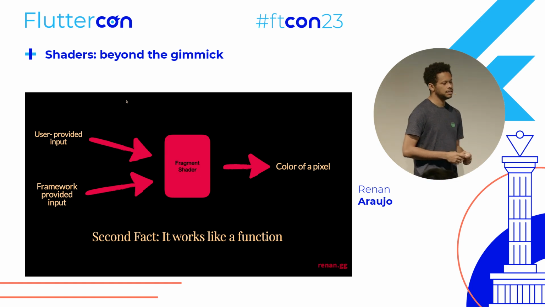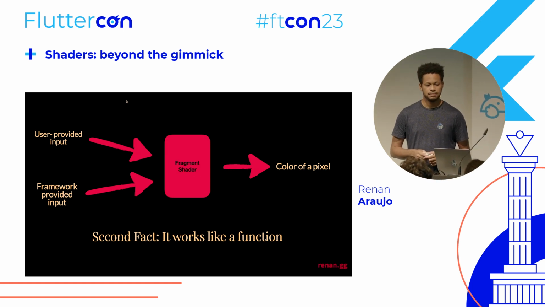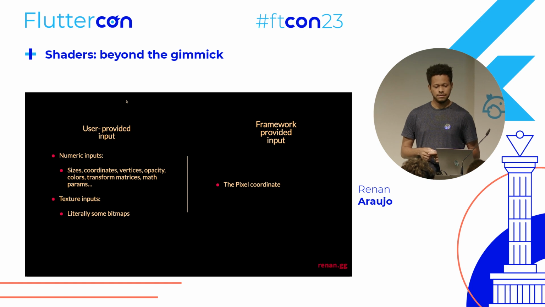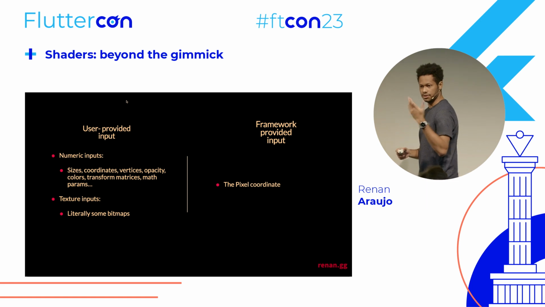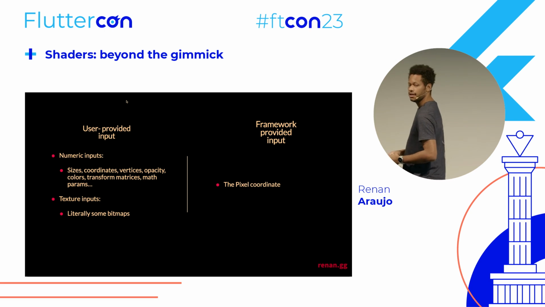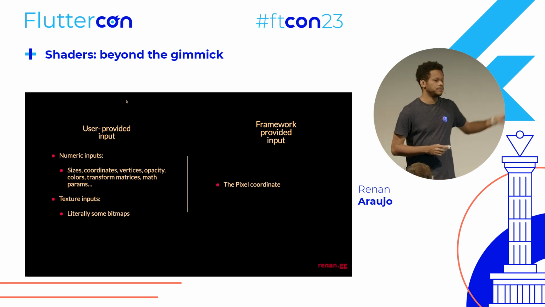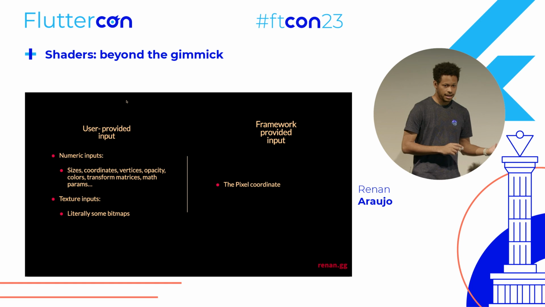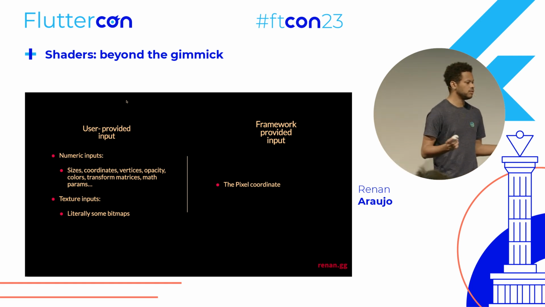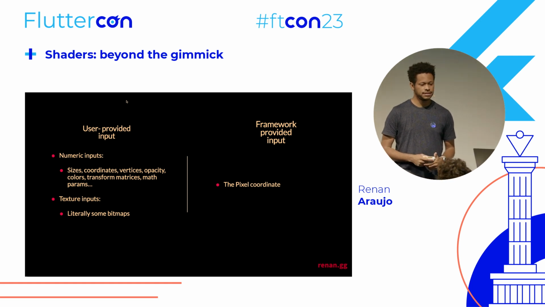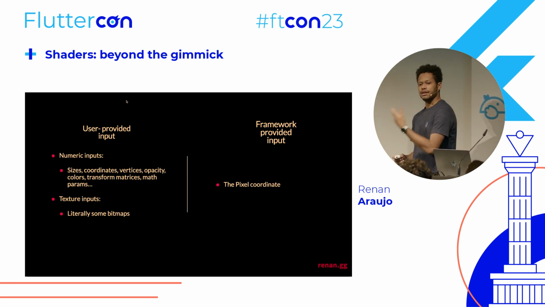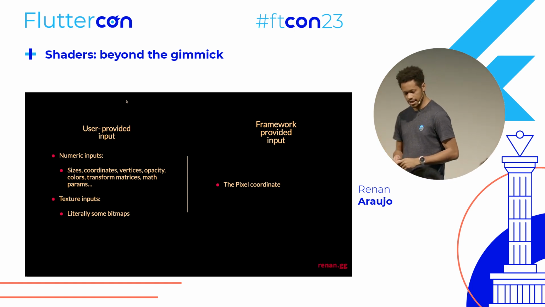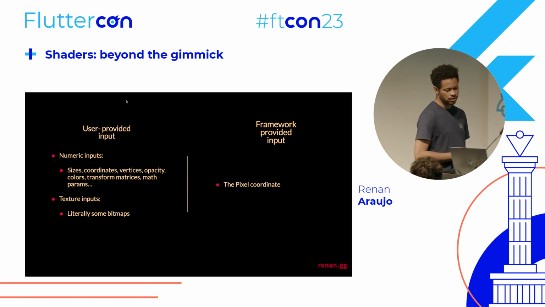We call the user-provided inputs uniforms, for the reason that they don't vary from coordinate to coordinate. There are two real types of these. Those are the numeric types, which are based on floats or multiple floats, so from that we have vectors and matrices, and lists of floats, vectors, and matrices. And there are also the texture inputs that we will talk about a little bit later in this talk.